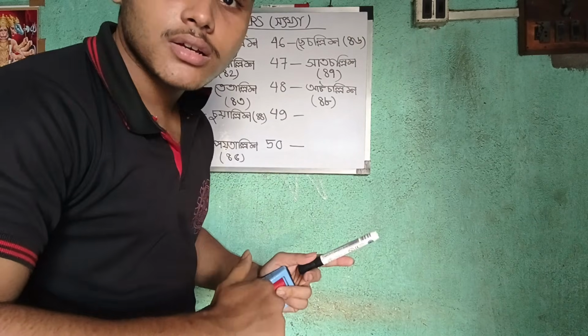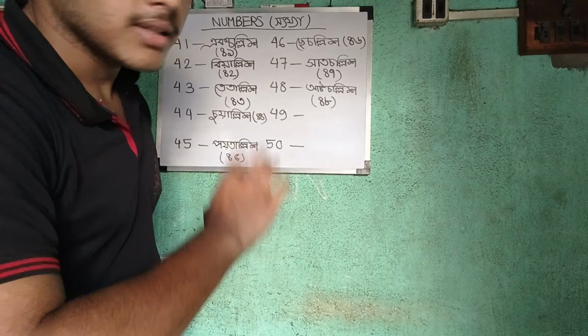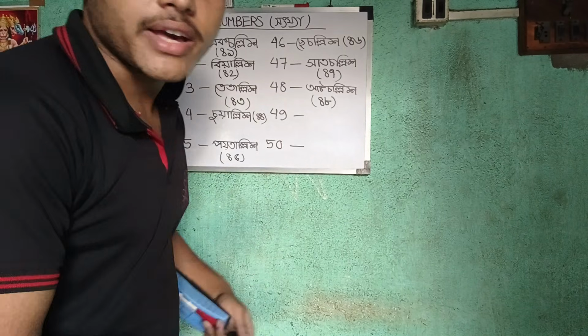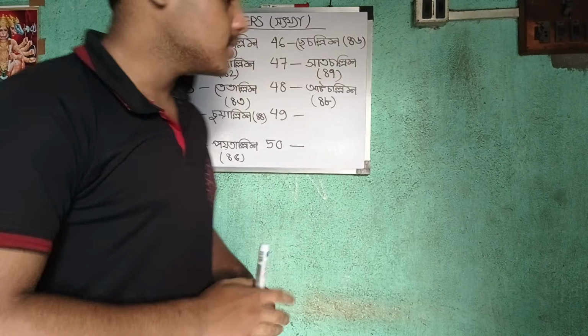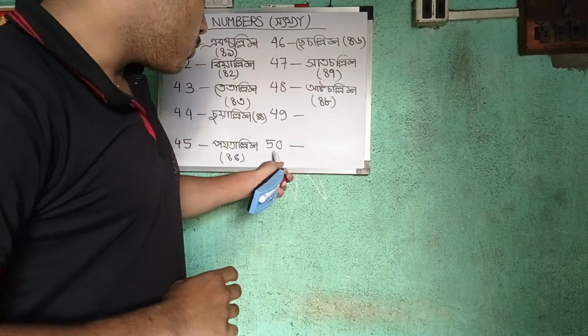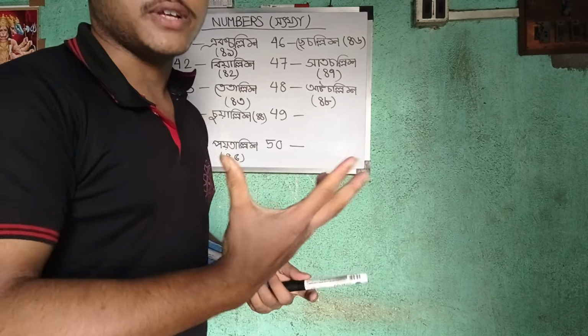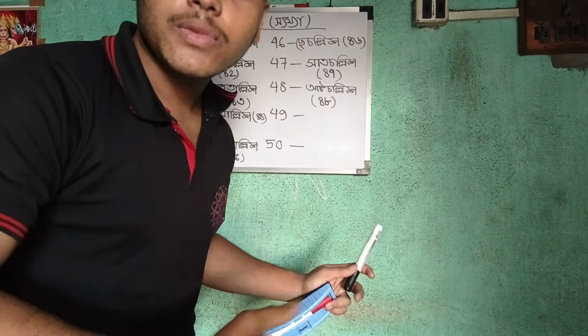49 means, so you know that after this will be uno. Okay, in the previous lesson you saw that this is uno and then something which is this number. Okay, is 50. Uno and 50. So 50 means ponchash.